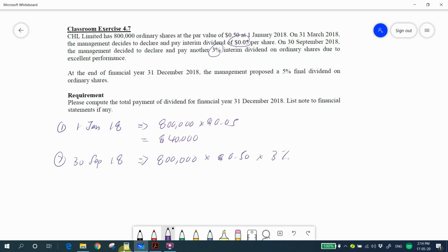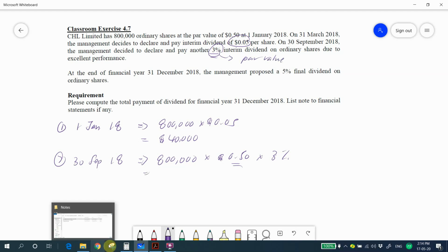I repeat, if the dividend is measured by using a percentage, you cannot just include the number of share in your computation. You shall also include your par value. If you use 800,000 times 3%, you cannot get anything because it's not in a monetary value. But your dividend is in a monetary value, because this percentage refers to the par value of the share.